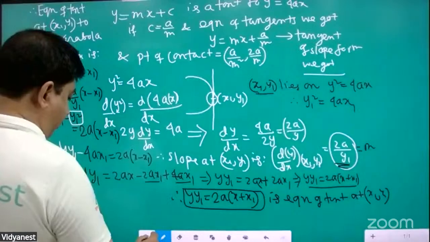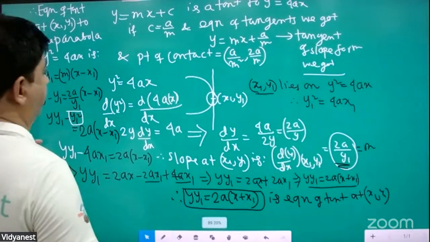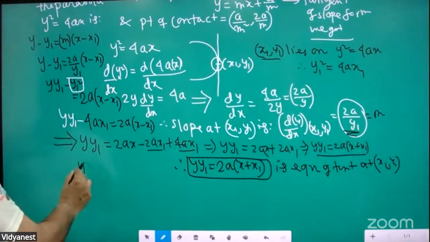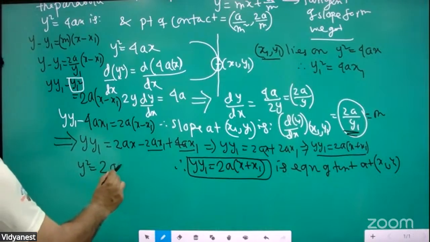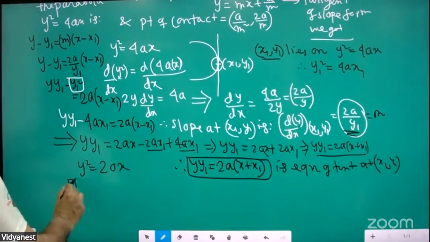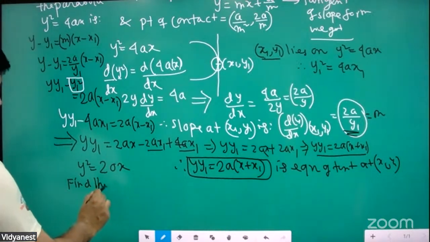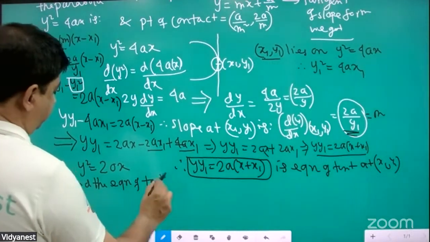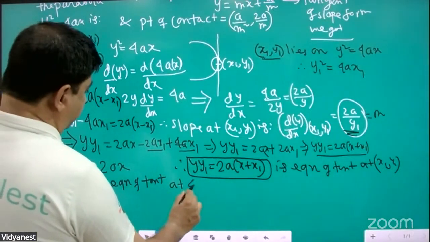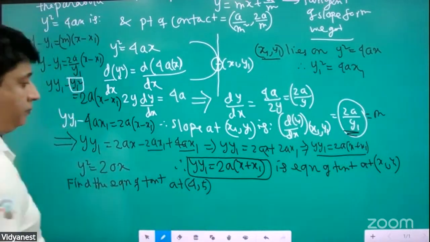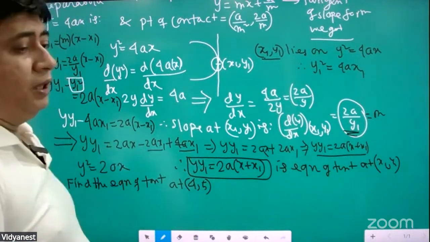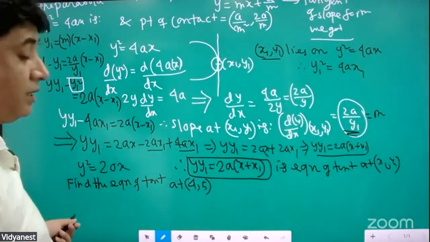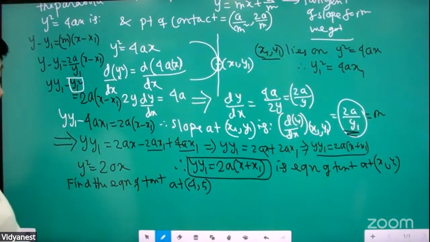Therefore, say y² = 20x. If you are told to find the equation of the tangent at the point (4, 5), once you know this formula, in a minute you can find the equation of the tangent.